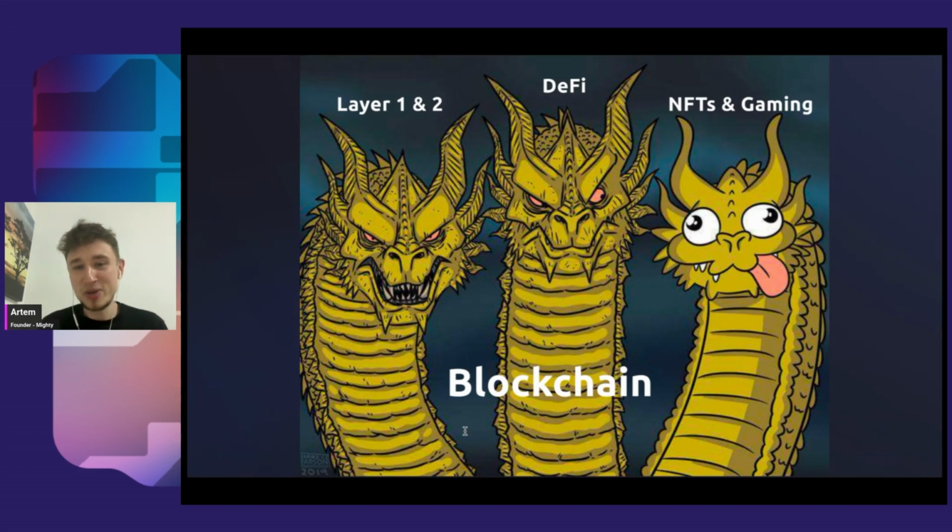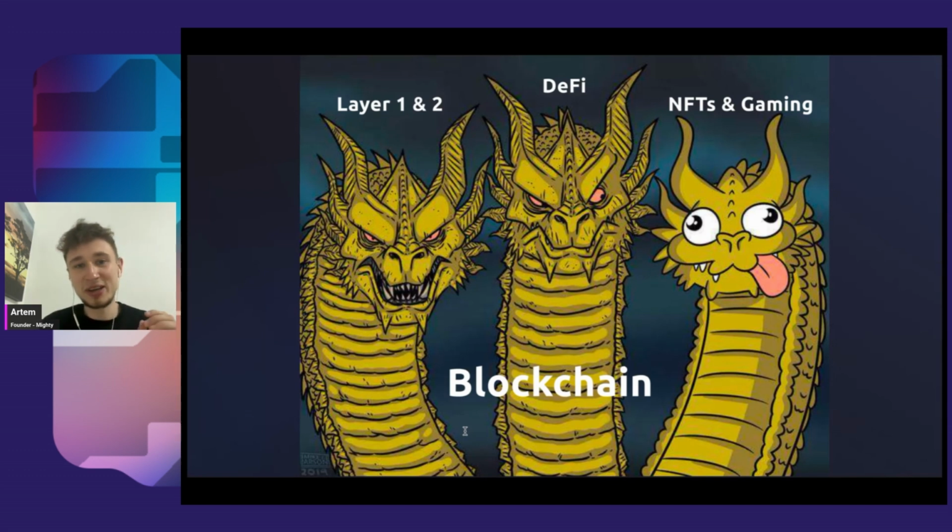You have something very serious, which is layer ones and twos. You have something semi-serious where decentralization still matters a lot, which is DeFi, and then you have something like NFTs and gaming, a category that kind of uses blockchain, but it's not really decentralized and not really that serious for that matter.